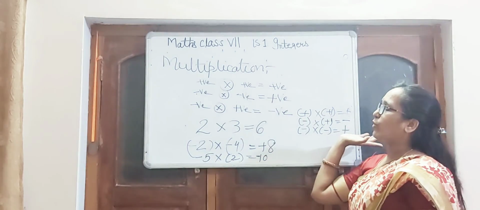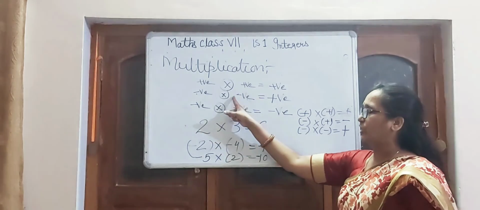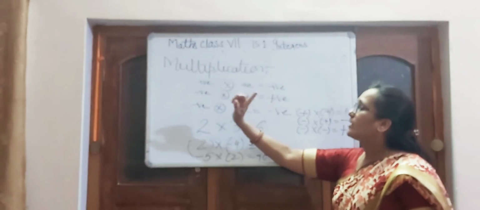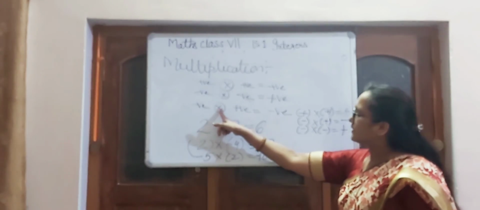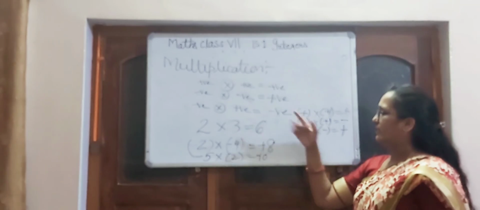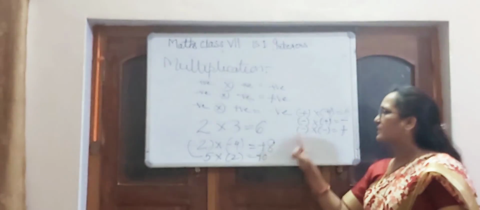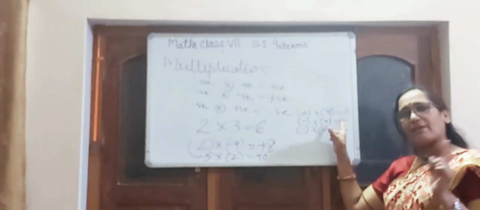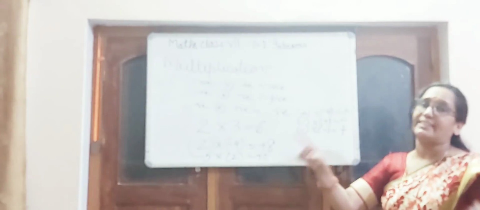So again I will explain: two negative integers multiplied always give a positive answer, and one negative and one positive multiplied give the answer minus. So minus minus plus in multiplication, plus minus minus in multiplication, but in addition it is different.